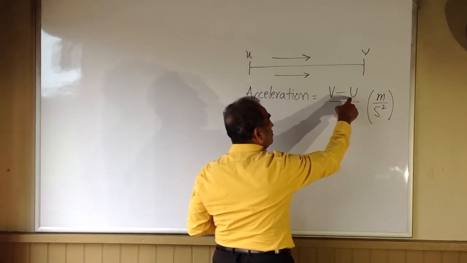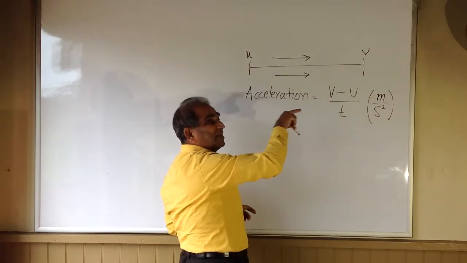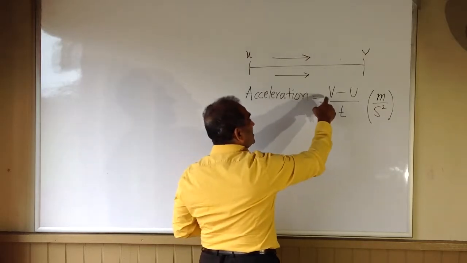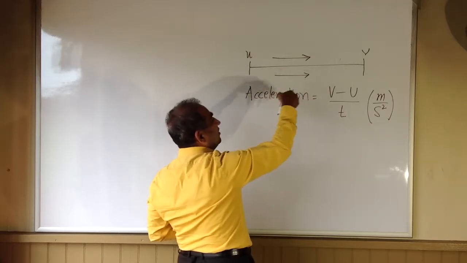If v is greater than u, this is positive, so acceleration is in the same direction as the velocity. But if v is less than u, then it will be negative, and the acceleration will be reversed.